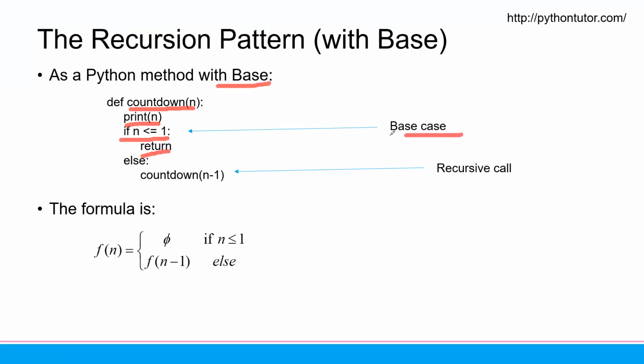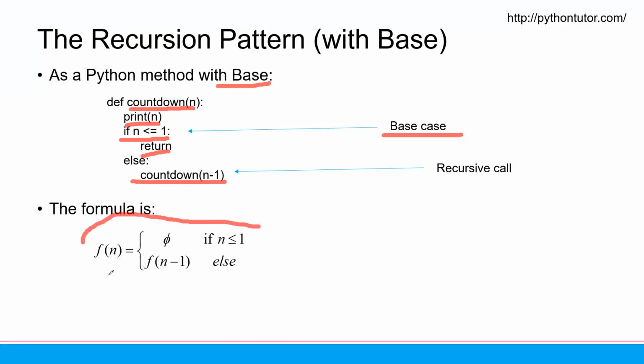We call this the base case, meaning the function will not go lower than 1. So if it is lower than 1, stop. But if it is not lower than 1, we will do the countdown.